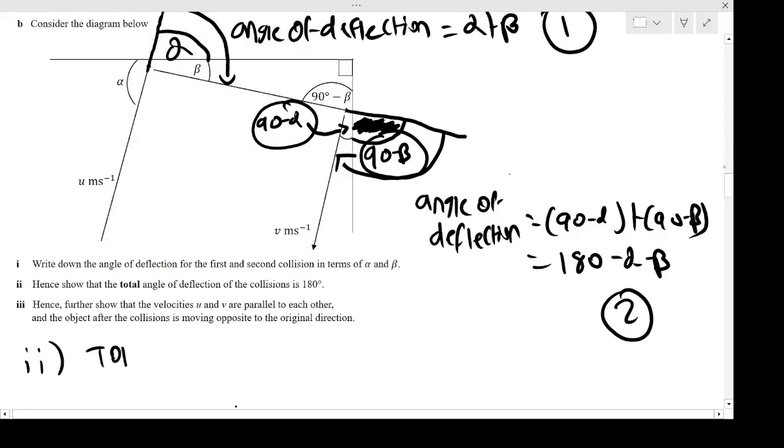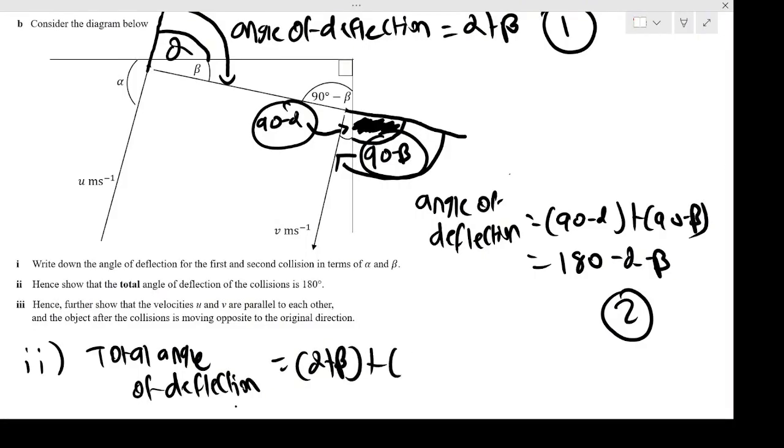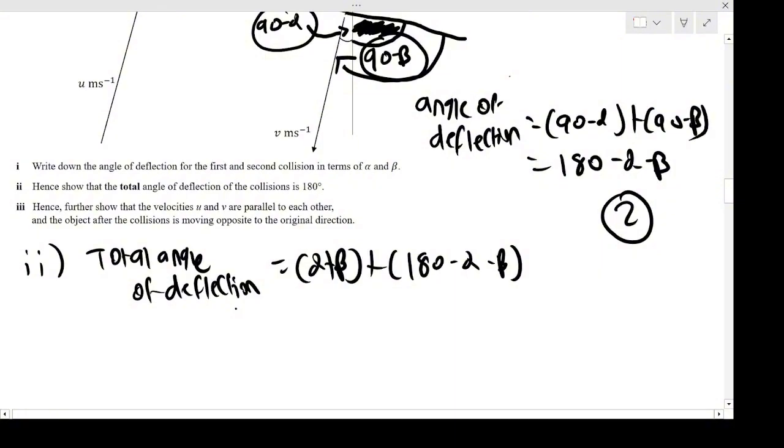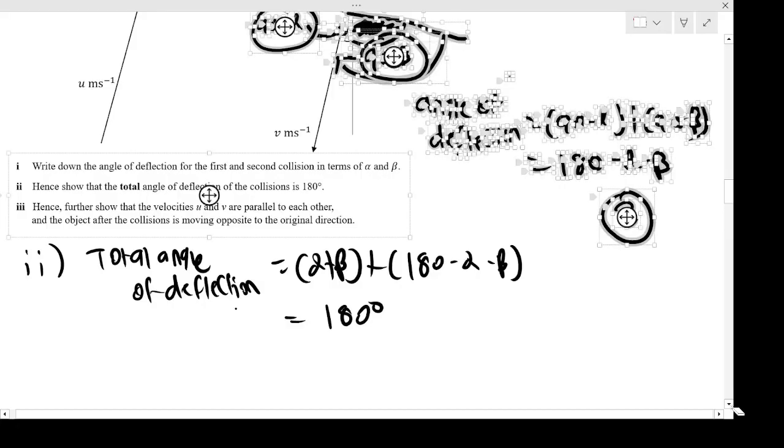So the total angle deflection is going to be alpha and beta for the first one, and then 180 take away alpha, take away beta for the second one. And so we simplify this. Well, the alpha and betas cancel, so we just get 180. And there we are.